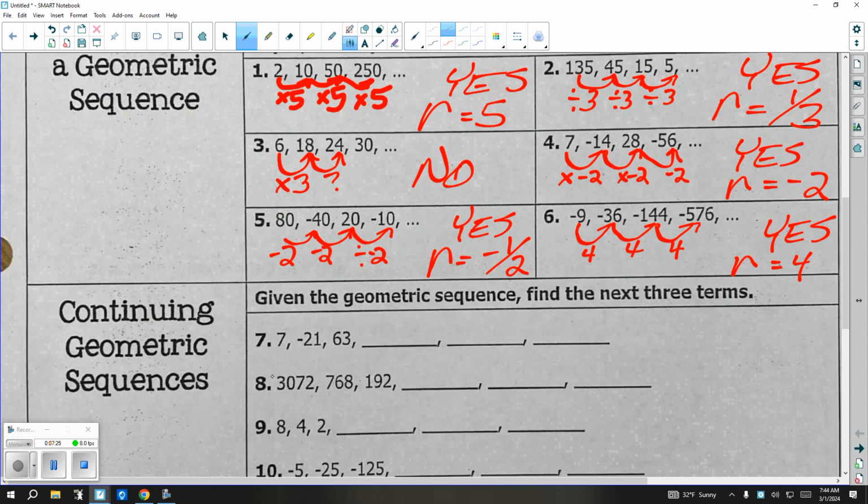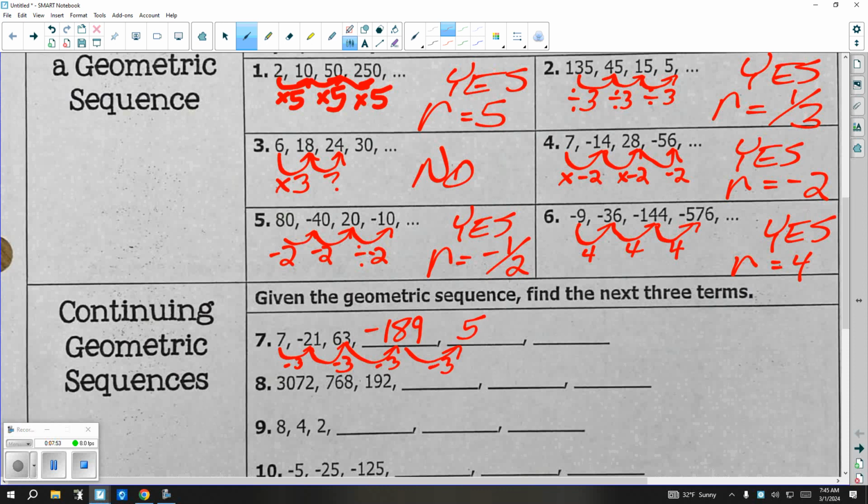So I'm going to multiply by -3, multiply by -3, multiply by -3. And I'm going to get -189. I'm going to multiply by -3 and I'm going to get 567.